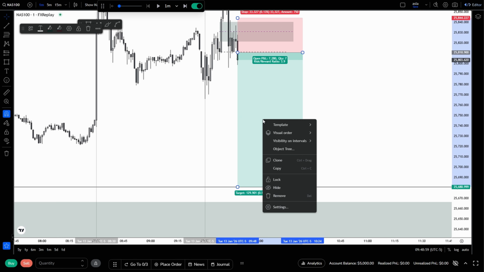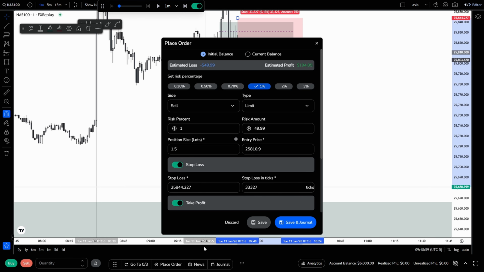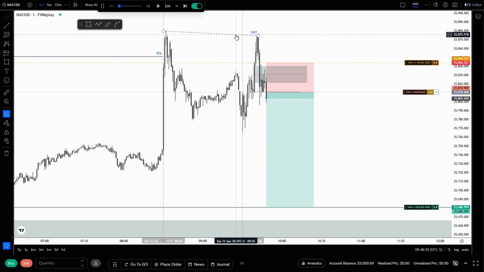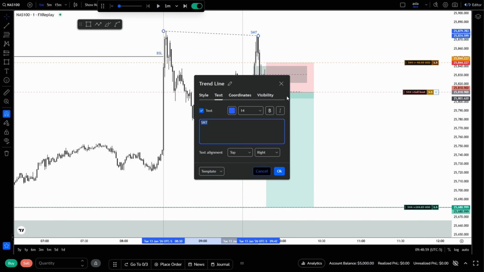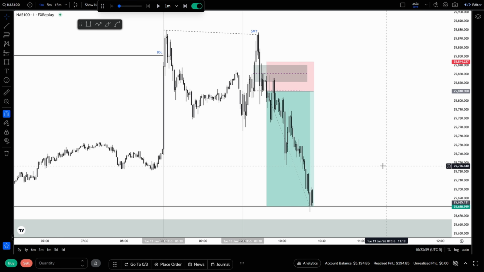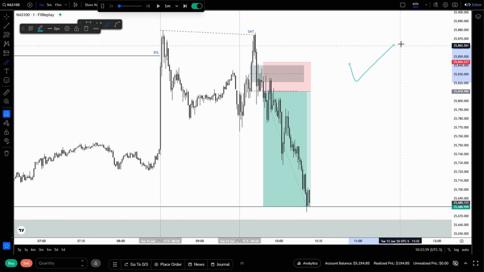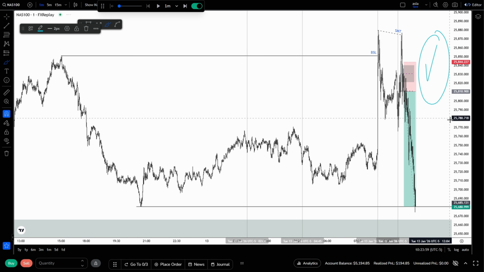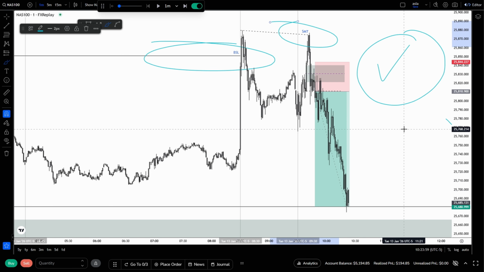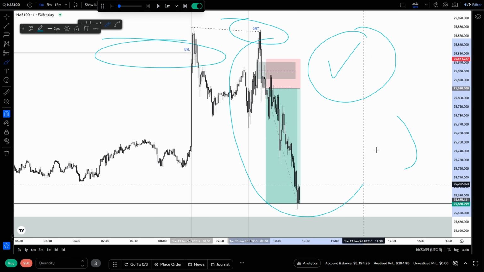For targets, I'm aiming for the opposing side liquidity, which is the sell side liquidity resting at the lows. If we let it play out, you can see how cleanly price expands down into those lows. That's how you use the New York reversal daily profile. London sets the range, 8:30 sweeps liquidity, 9:30 gives confirmation, and then price delivers into the opposing side.